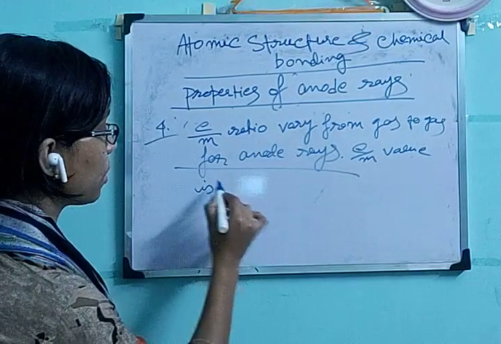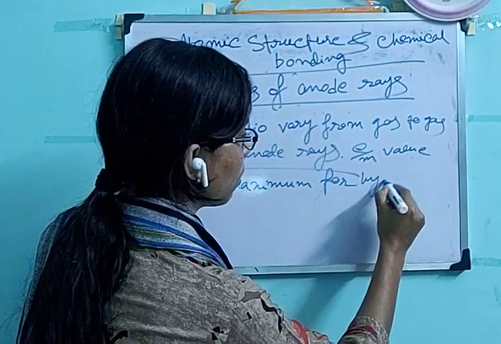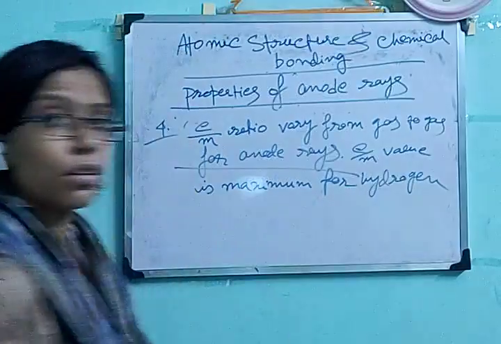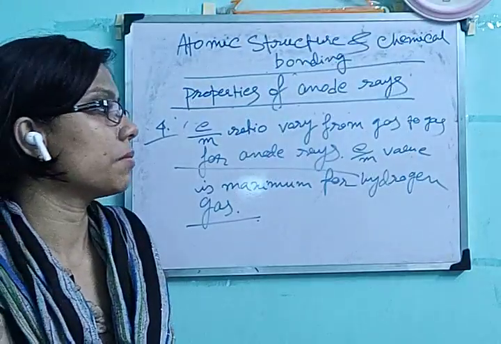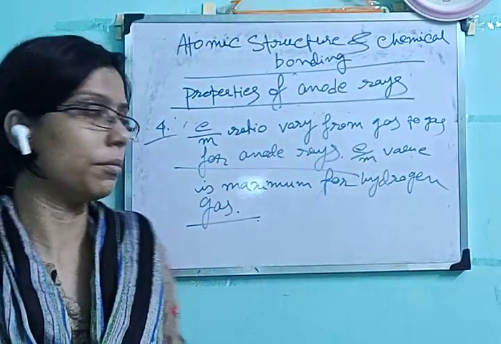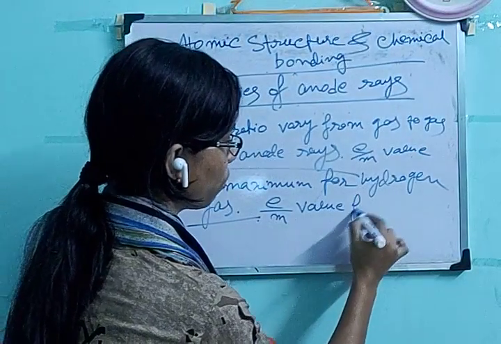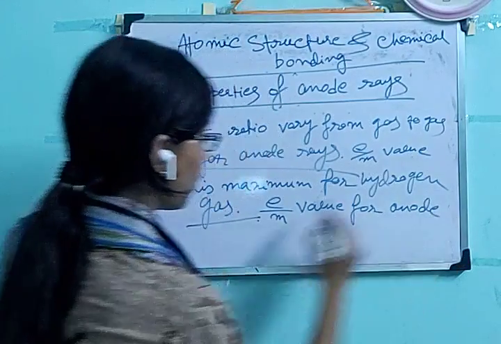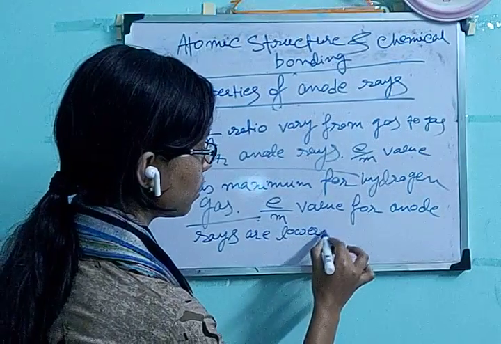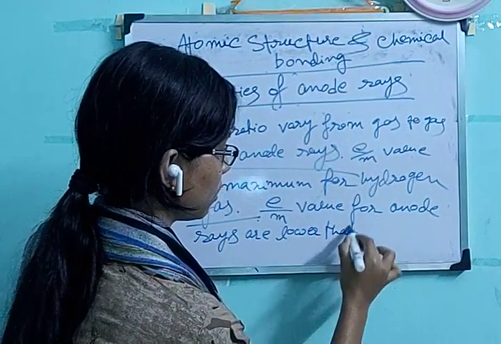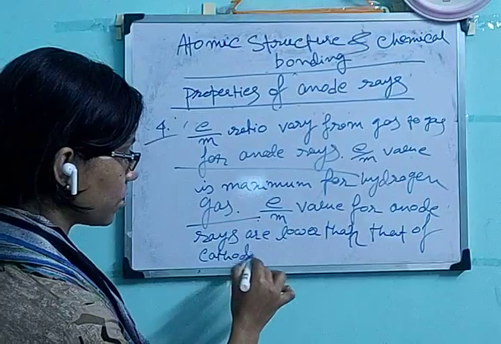The E by M value is maximum for hydrogen gas, and this value is much lower than the E by M value of the electron. So the E by M value for anode rays is lower than that of cathode rays, that means electrons.